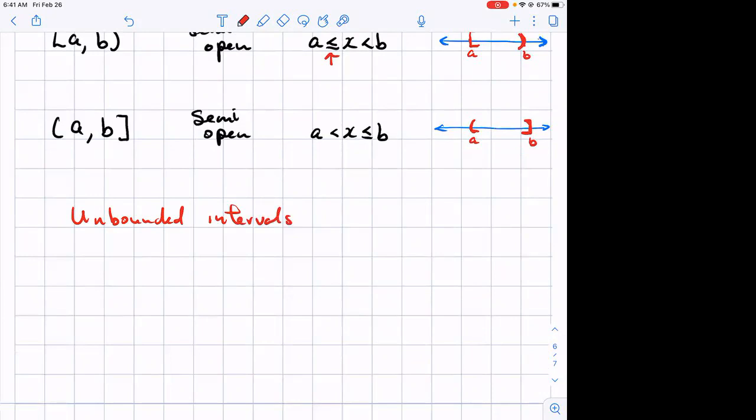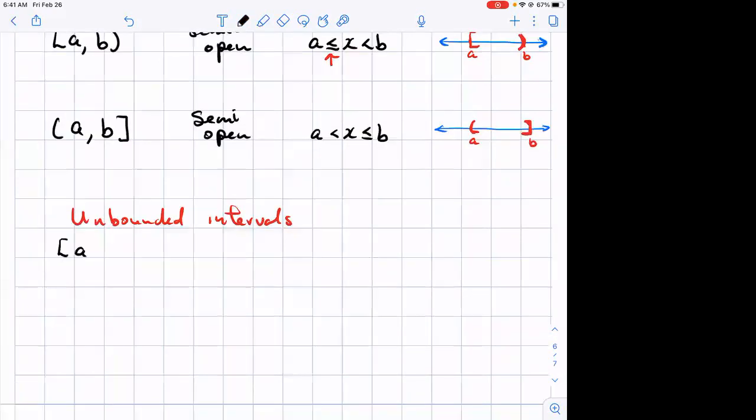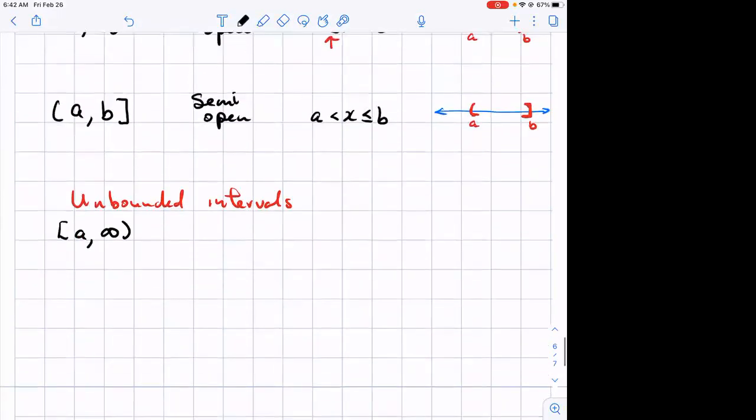For example, if I have bracket a comma infinity, my inequality will be x is greater than or equal to a. I said greater than or equal to because here is a bracket.